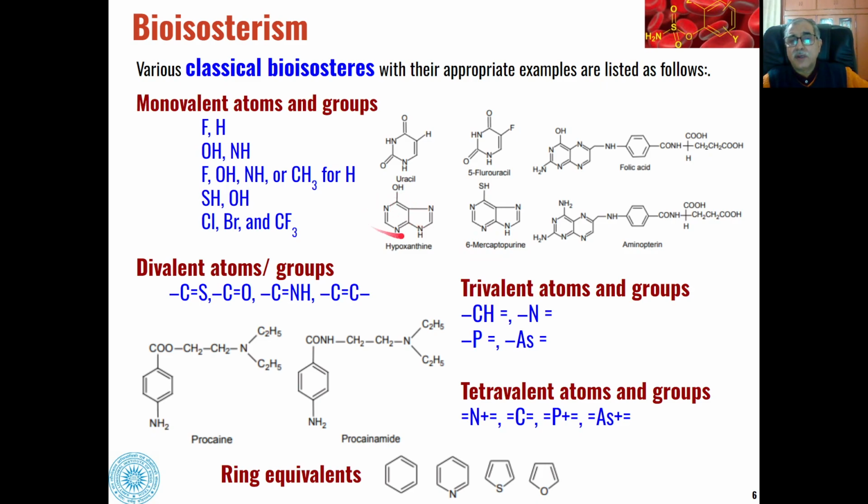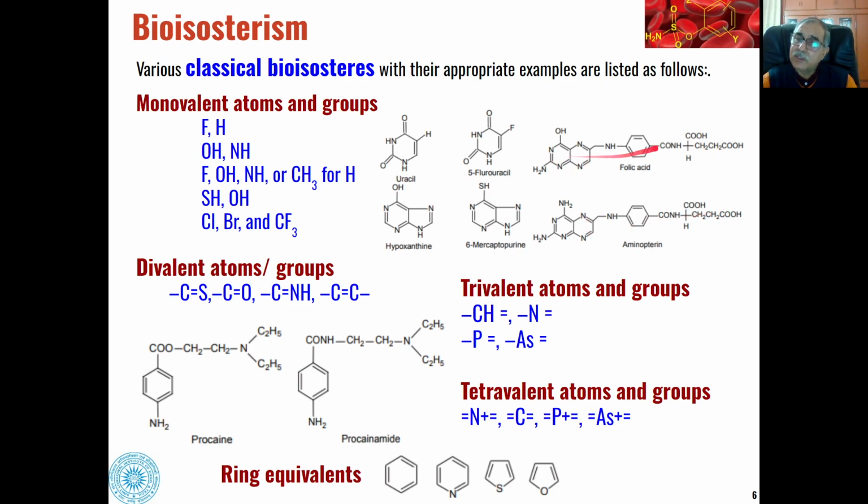Here this part of the molecule, this structure is the same, except that OH has been replaced by SH. So these also have the same or similar type of biological activity. Then folic acid and aminopterin, if you see, here OH is replaced by amino, the rest of the molecule is the same.